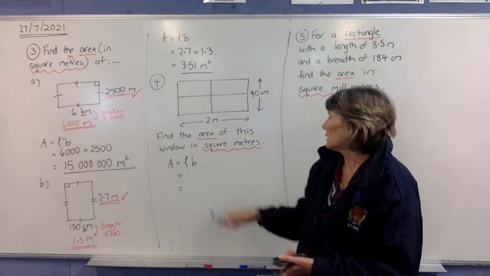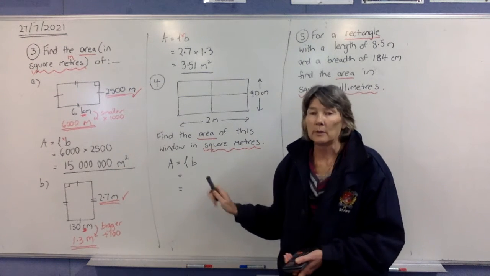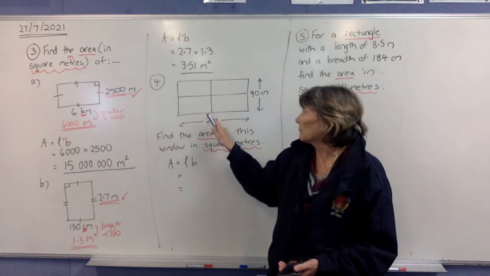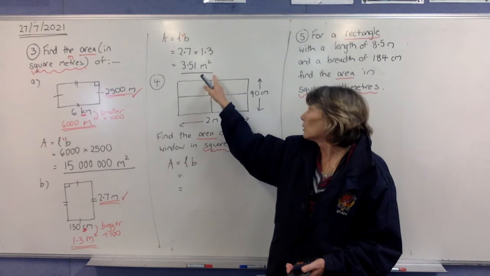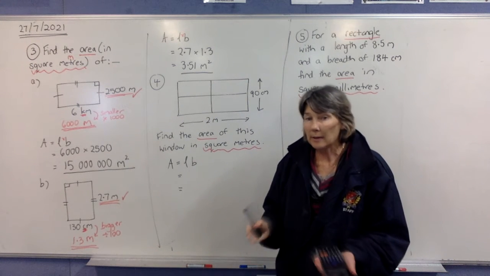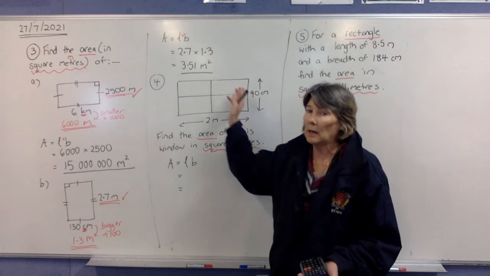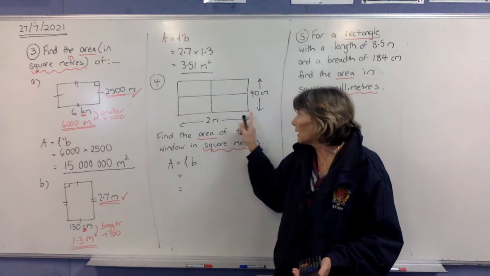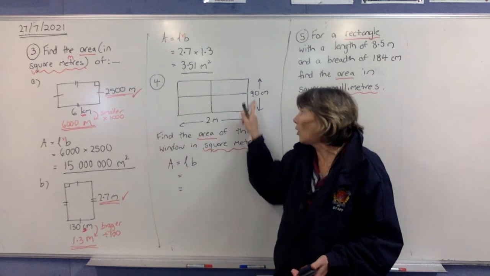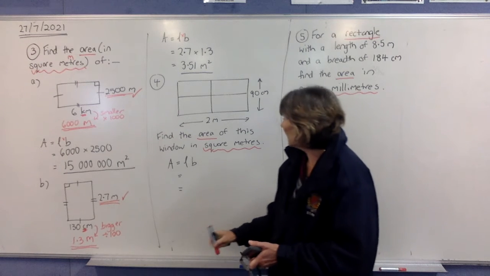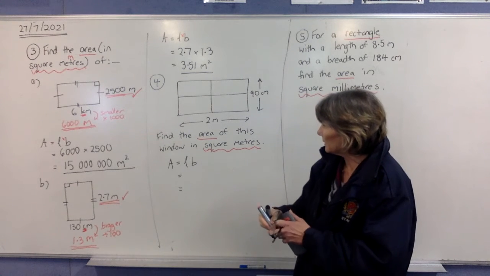Now number 4 says find the area of this window. So you've seen windows that look like this. They're rectangles. They sometimes have a pattern with maybe some white timber across there, and the whole thing has glass in it. Got a couple of timber white pieces here, but the whole thing is glass. So we're finding the area of this whole window. All right, so we have to make sure that we're getting it in square metres.